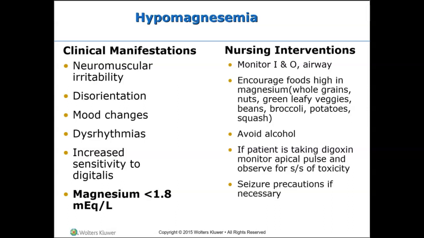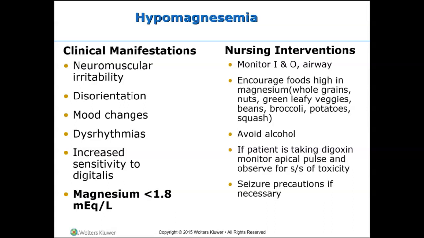Remember, with certain meds, it can increase the sensitivity to them. For example, digitalis, right? So you've got to be very, very careful. Again, their magnesium levels will be below 1.8. It also affects, again, the heart, right? Dysrhythmias. And the increased sensitivity to digitalis medication.